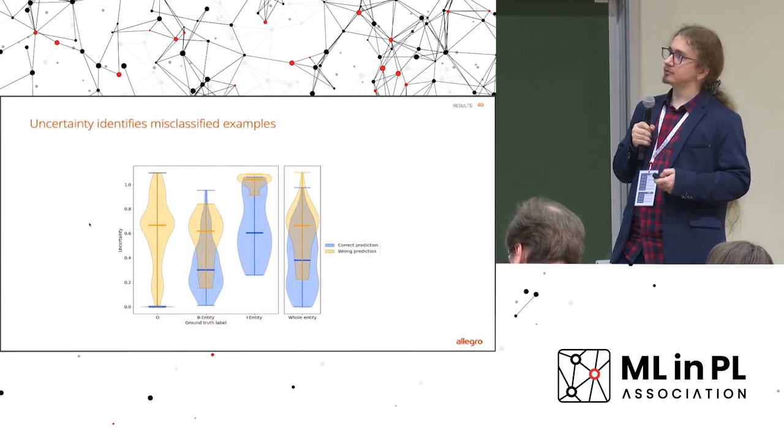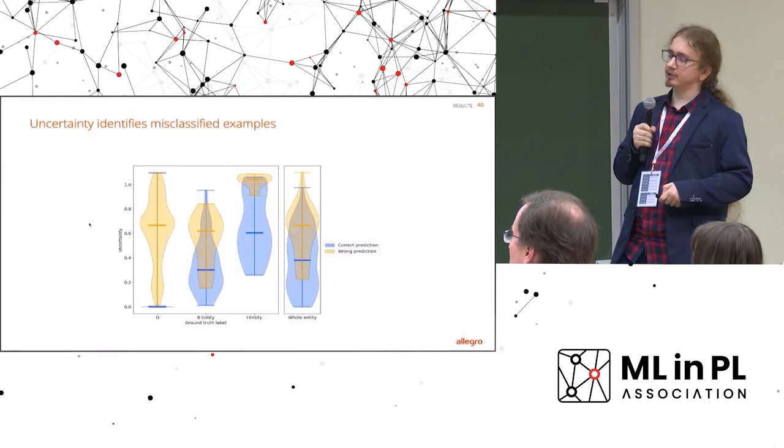And what's also expected, and it's good that we can see this on this plot, is that on average the uncertainty for these two labels, so when we do have our entities, is higher than the uncertainty for the out-of-entity label.